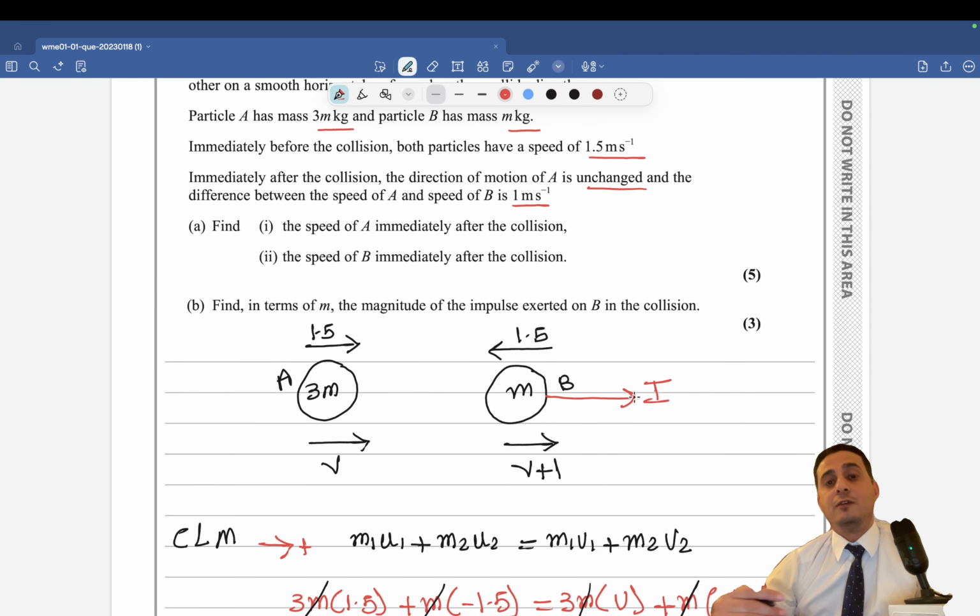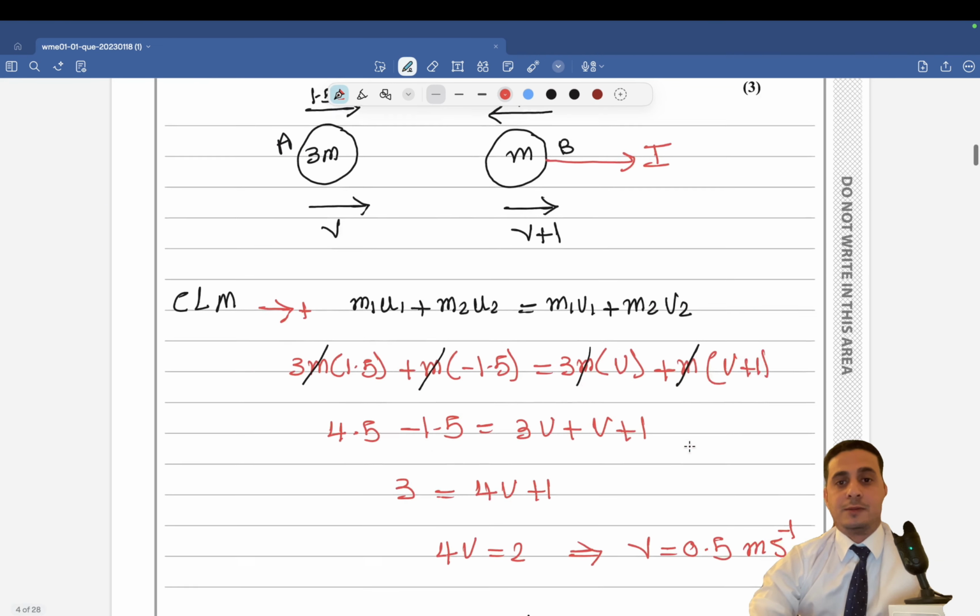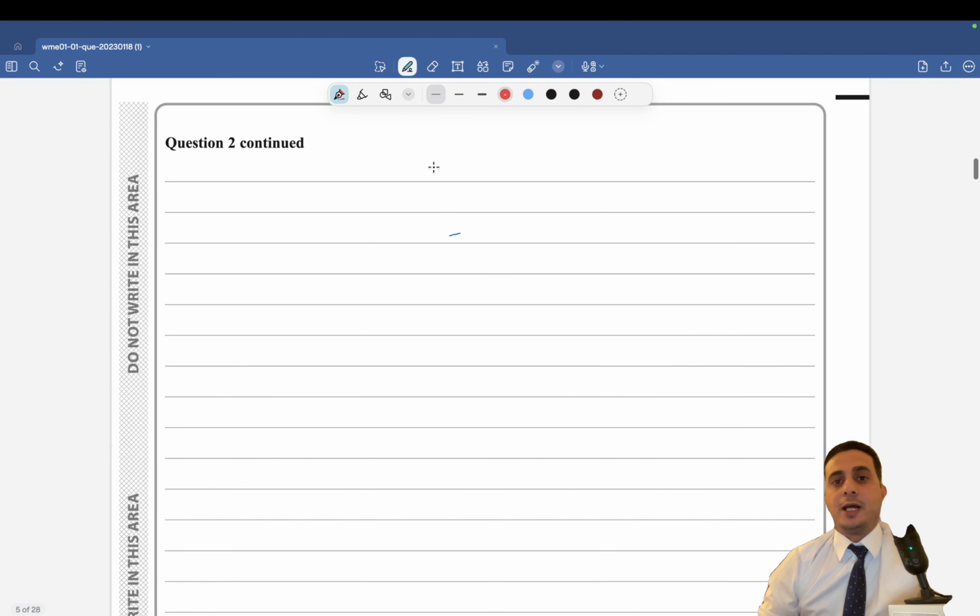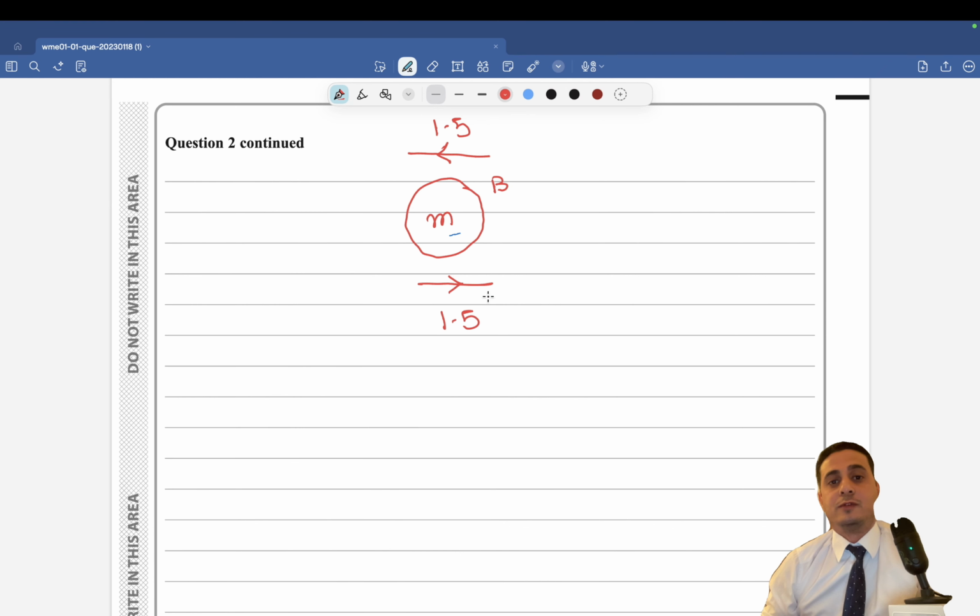It's the momentum after the collision minus the momentum before the collision. So if this is my particle B, the mass is m, it was moving that way with a speed of 1.5. After that, it reversed with a speed of 1.5, and that's the direction for the impulse.